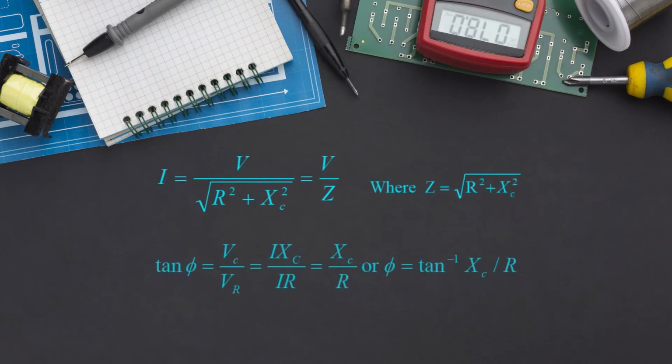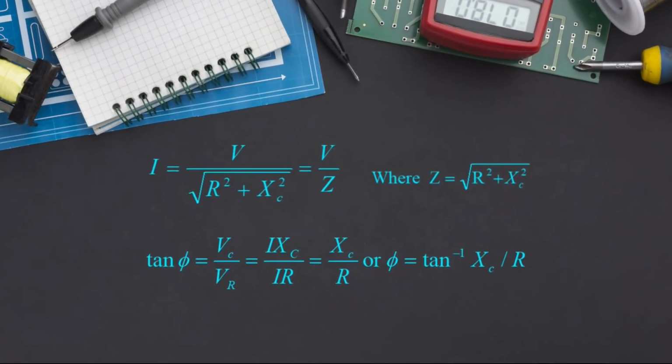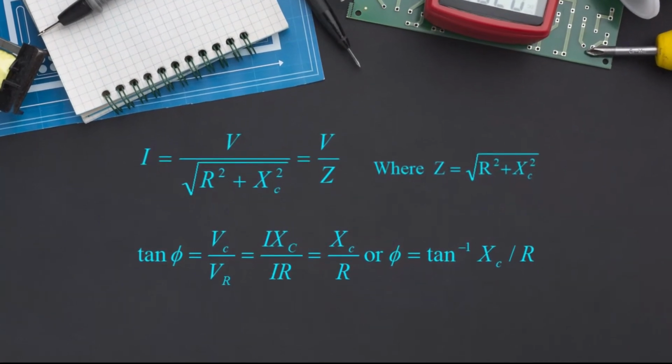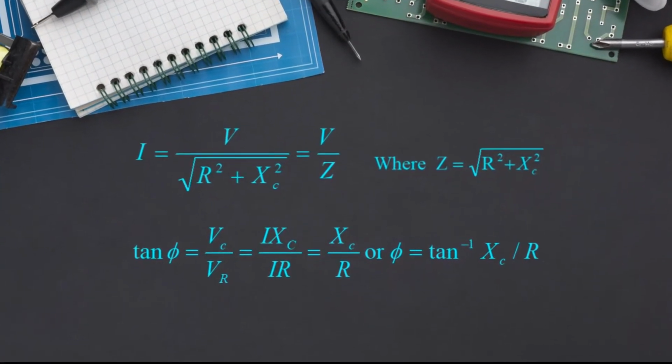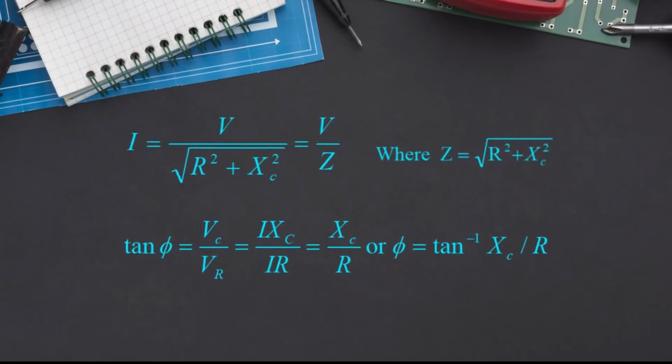Now because you have to find out the current flowing through this RC series circuit, what is the current? Current is the ratio of applied voltage divided by the impedance of the circuit. And what is the impedance of this circuit where resistance and capacitance are connected in series? It can be written as Z equal to under root R square plus XC square.